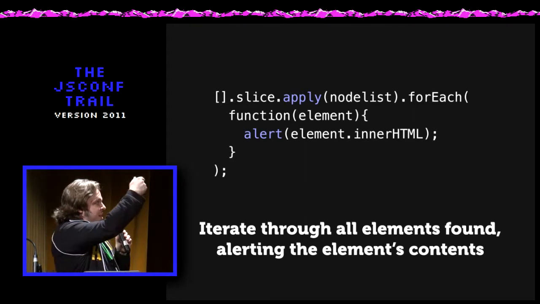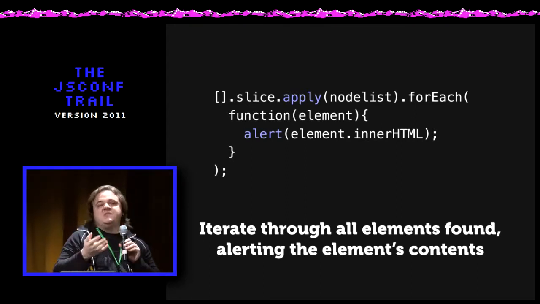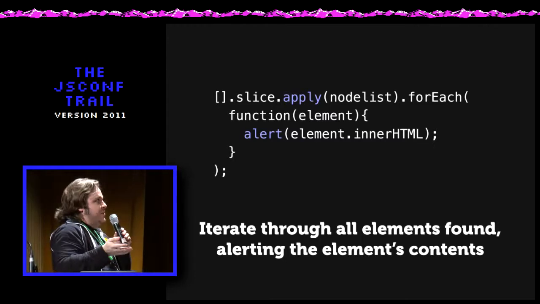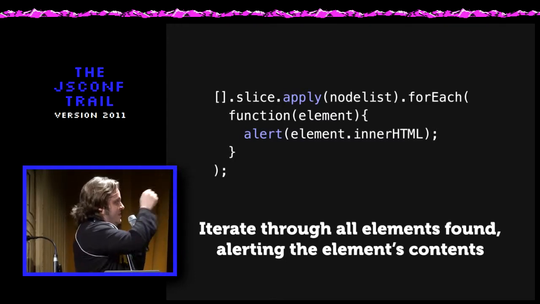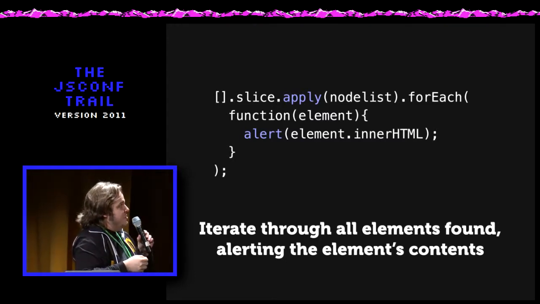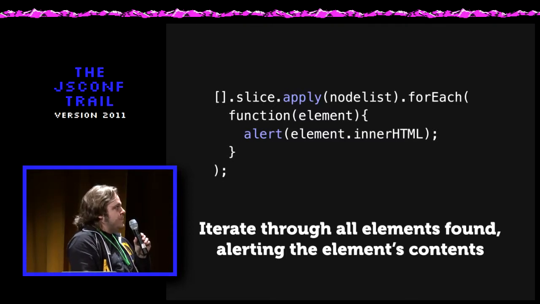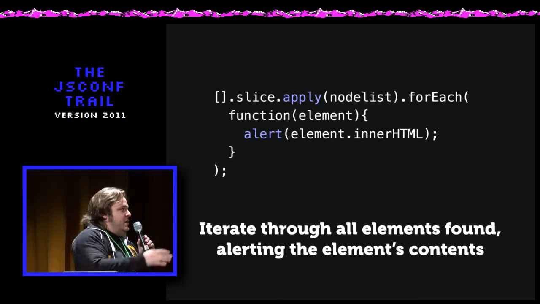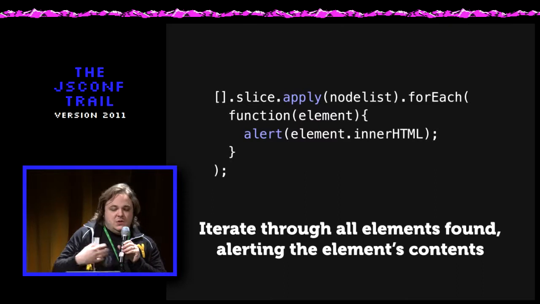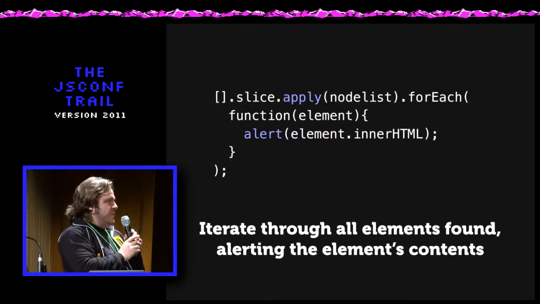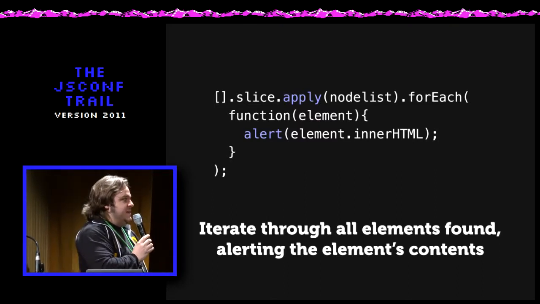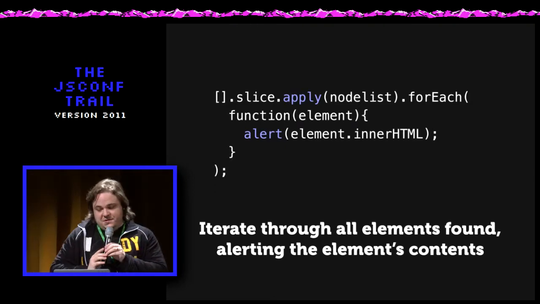So if I combine this stuff, I take the results from the document.querySelectorAll call and stuff it into the forEach loop. You can see that I can combine the DOM API improvements and the language improvements, of course.